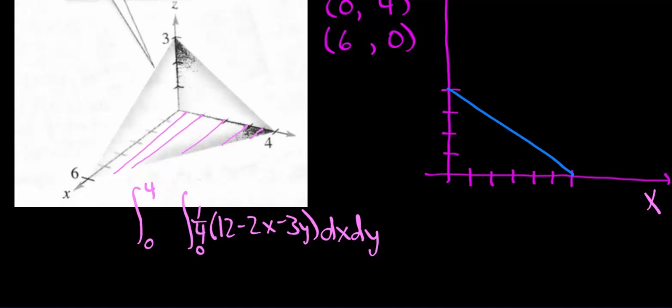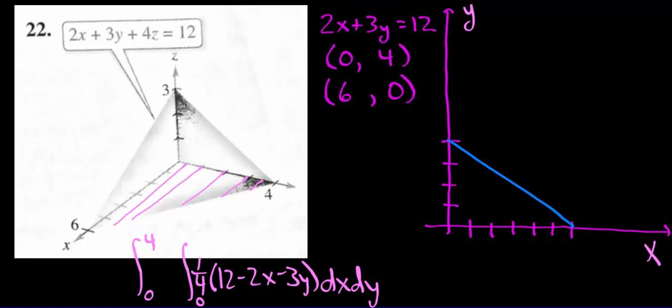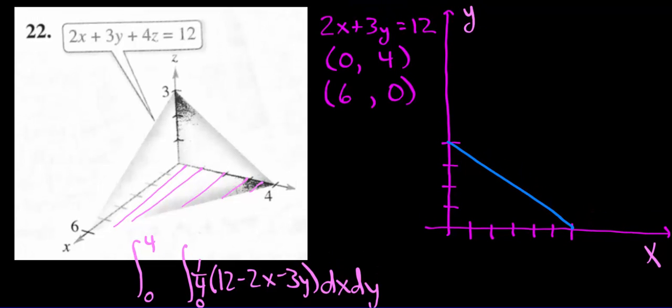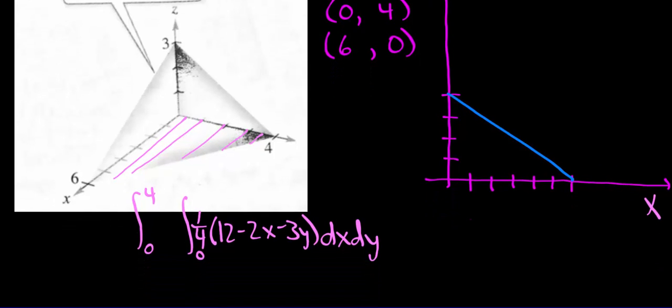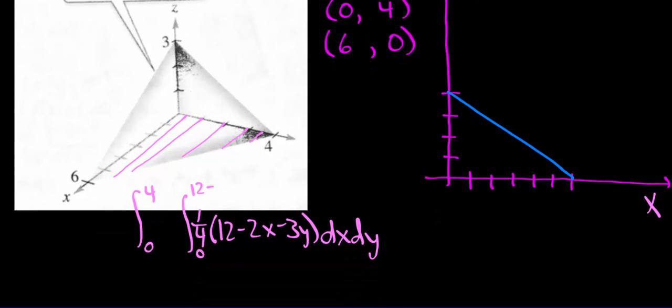So I go from 0 to, I've got to solve for x. x is 12 minus 3y over 2, because I'm integrating with respect to x. And that's your setup right there.